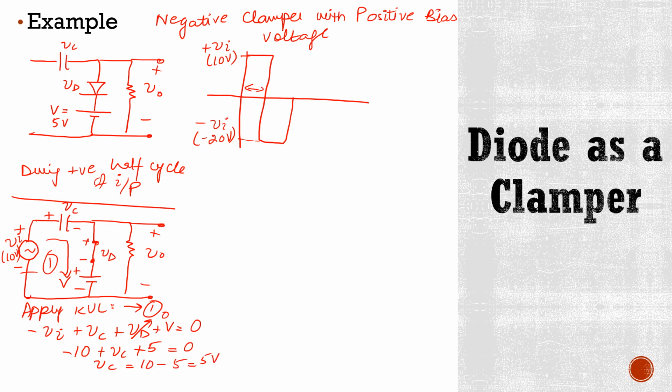Okay. Now what about V0 here? Here we look at this second loop and apply KVL.